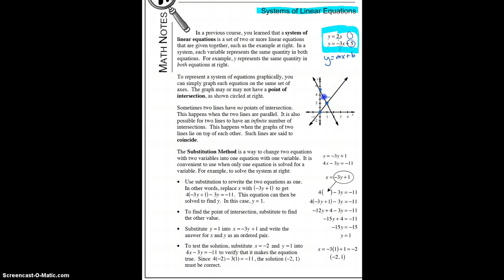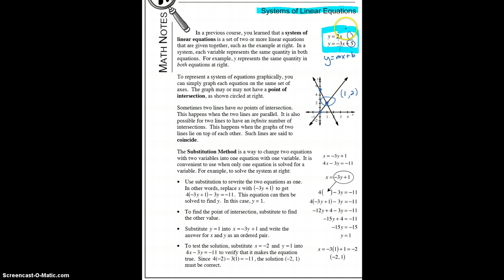So now we have this point of intersection, and that point of intersection is the solution to our system, meaning whatever the x and the y coordinate are at the point at which the two cross, their point of intersection, is going to be the x and the y that are equal in both of these equations. So the x here is 1 and the y is 2.